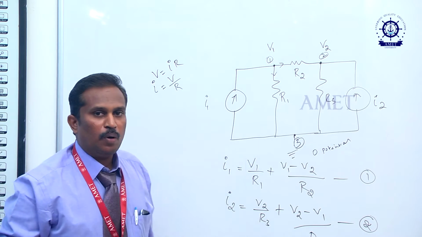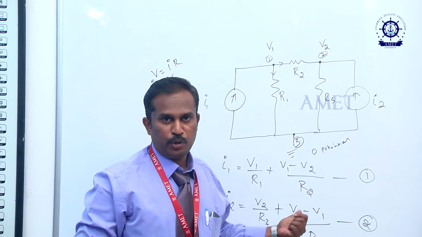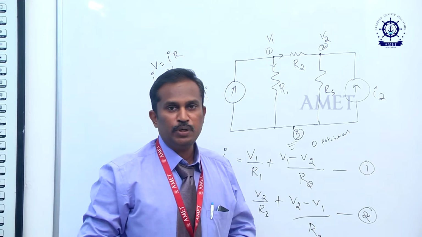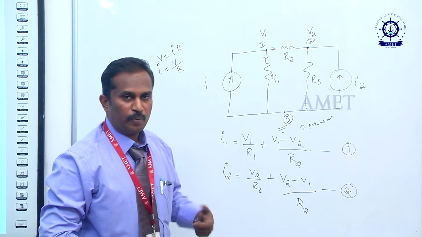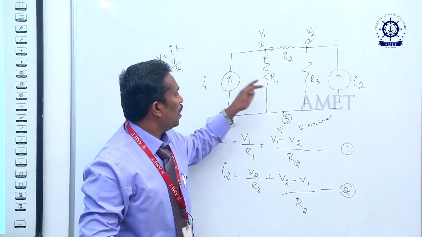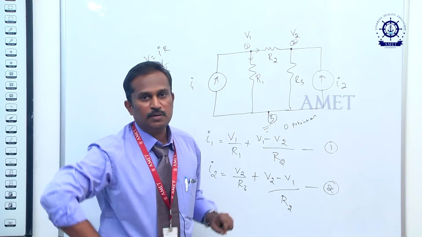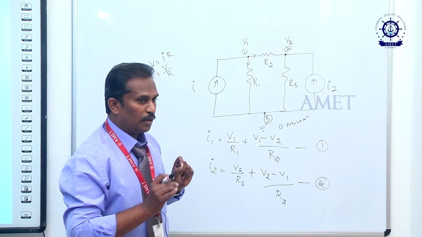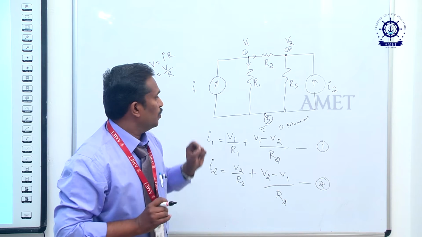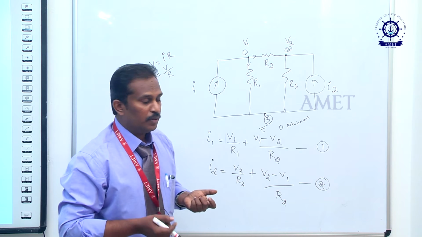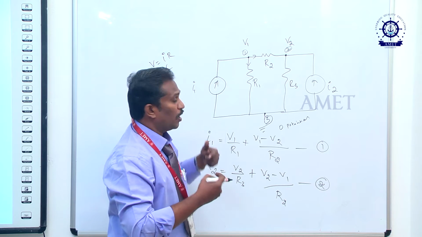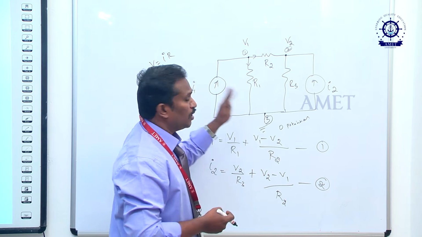So we have two unknowns and two equations. By solving these two equations, we can find the V1 and V2 values, provided that I1, R1, R2, R3 and I2 values are given. In the problem, V1 and V2 will not be given, that is what we have to find out, and the remaining values will be given.